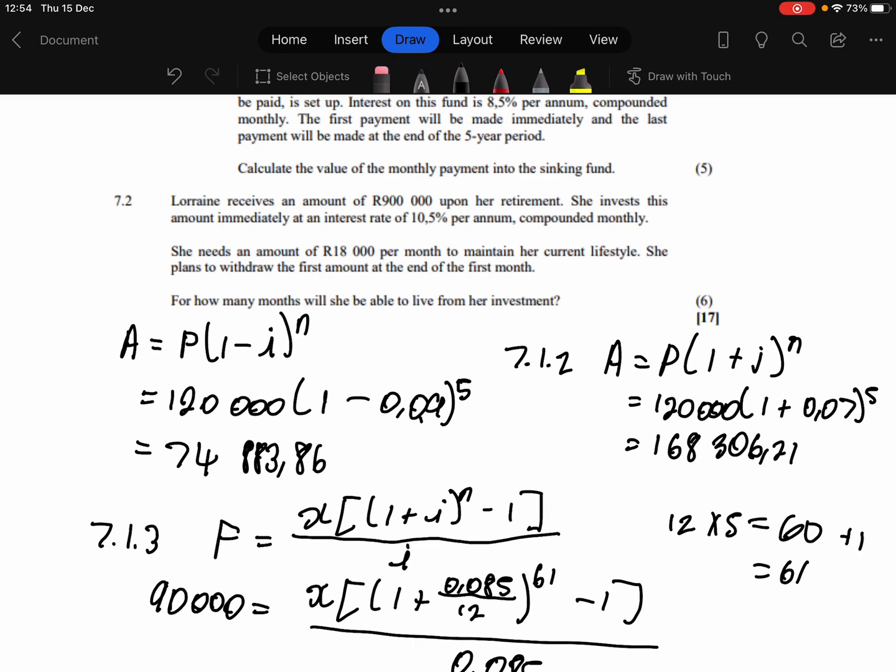Okay, so the first thing we need to do is identify whether it's a present value or a future value. An easy way to decide: present value, you're getting money right now, either in installments, you're taking out money monthly; or future value is you saving up to buy something, so the money is in the future. In this case, we know that she's withdrawing an amount every month, therefore it will be a present value.